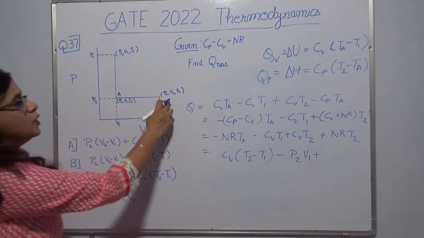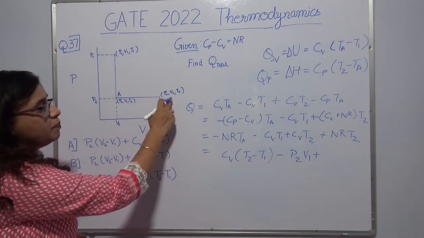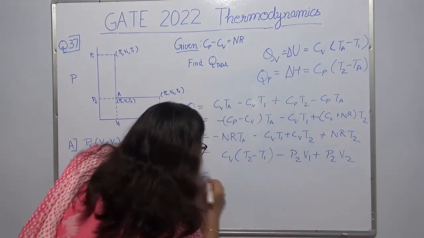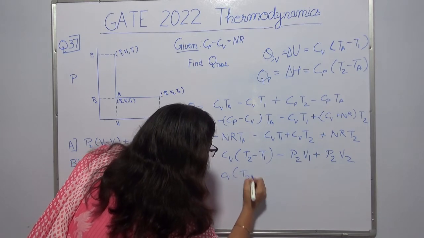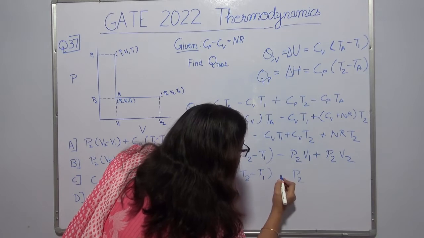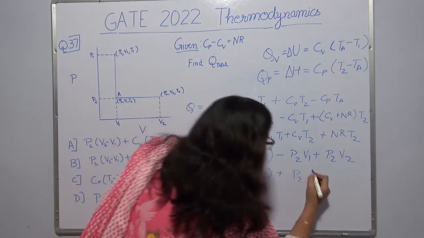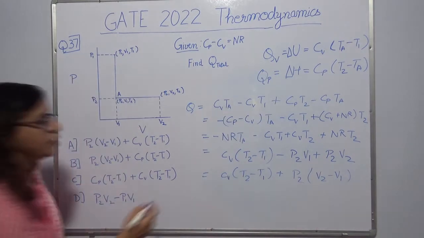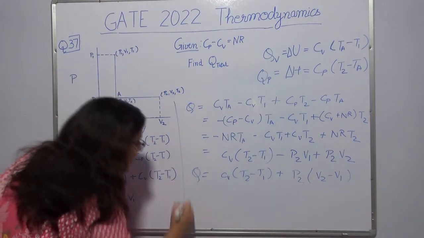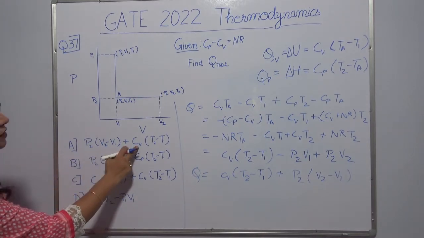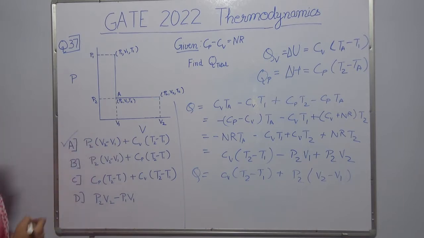At point 2, nR T2 will be equal to P2 V2. So then your final answer becomes P2 times V2 minus V1 plus Cv times T2 minus T1. Fine. So I have calculated what is the Q which is required. Now let's see which of these options is correct. So your option A is correct.